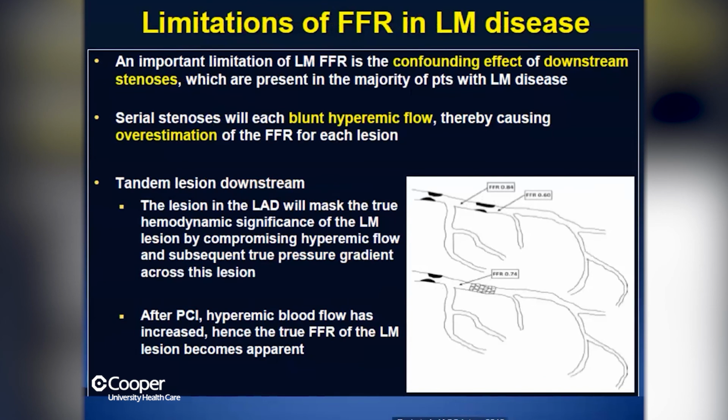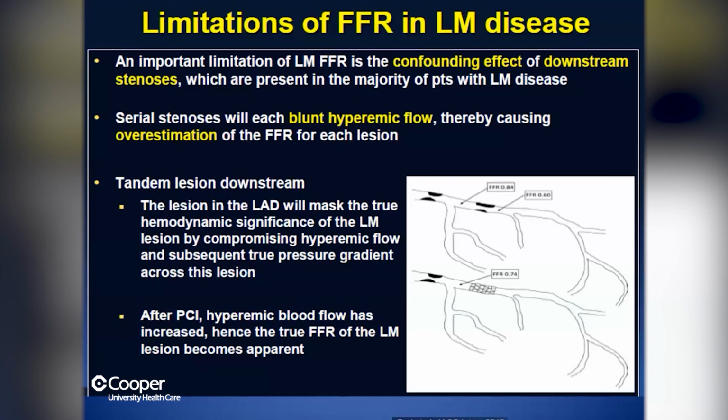And here's the reason why. If you look at the upper graph here, the drawing, there is a lesion in the left main, and you want to FFR it. We just mentioned that the association between the left main disease and the other branches, the LAD and the circumflex, is very, very common. It probably happens in about three quarters of the cases or more.